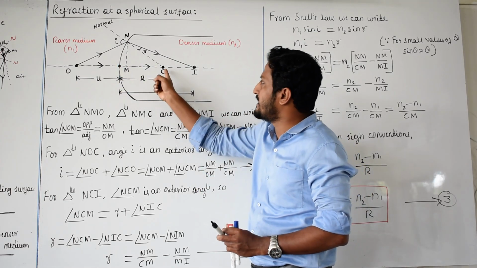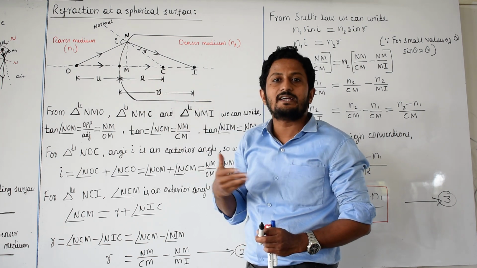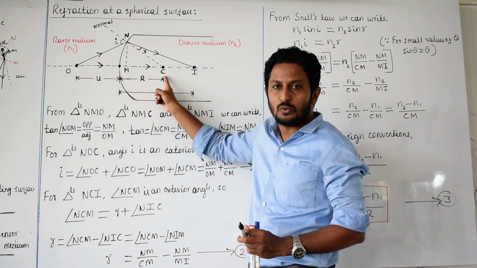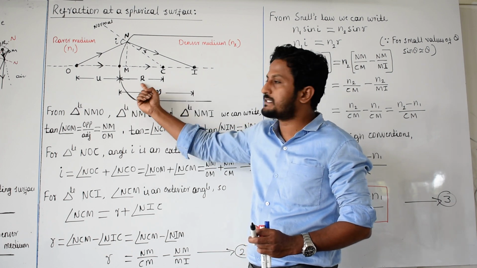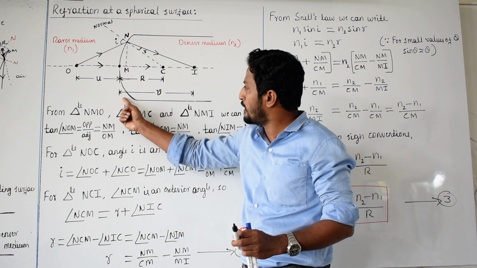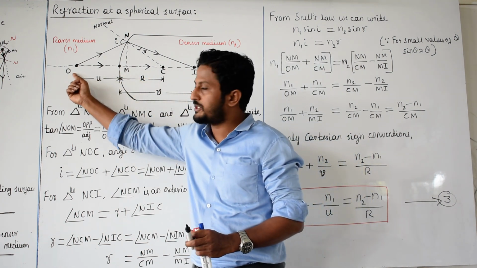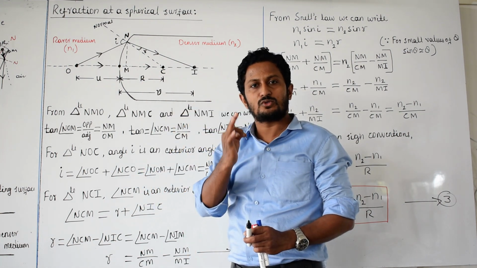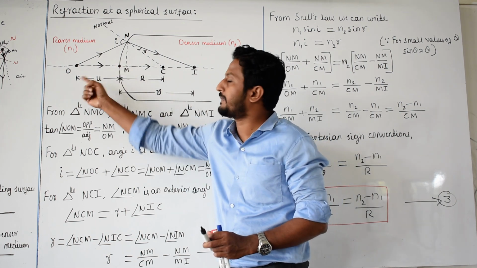From pole to center of curvature, that distance we call the radius of curvature. This distance also we have to measure from pole like this. This is R, the radius of curvature. This image distance we have to measure in this direction. Object distance we have to measure in this direction. All distances we have to measure from the pole point only. Have you understood?